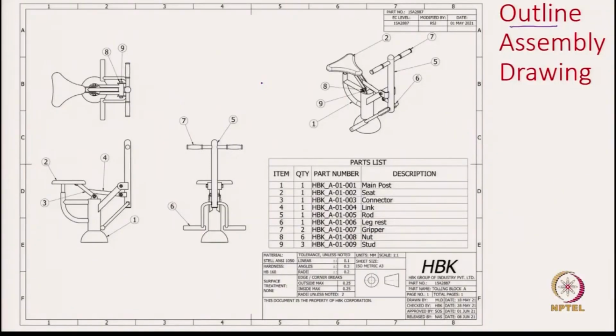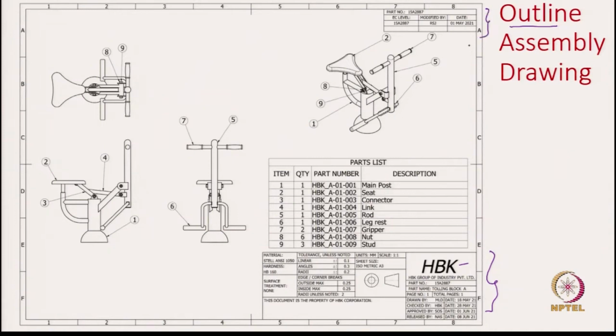But in addition, we also have additional information sitting on this drawing sheet. Previously, we talked about the main primary title block, which is this part of the drawing, as well as the secondary title block.